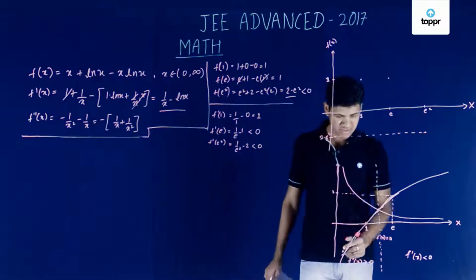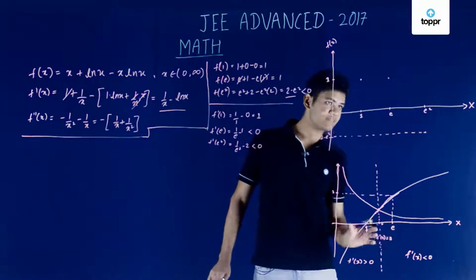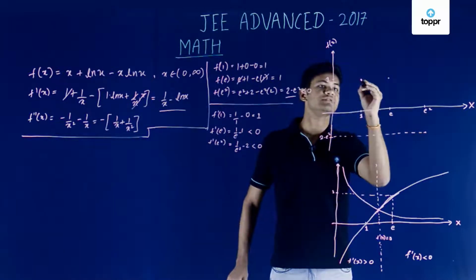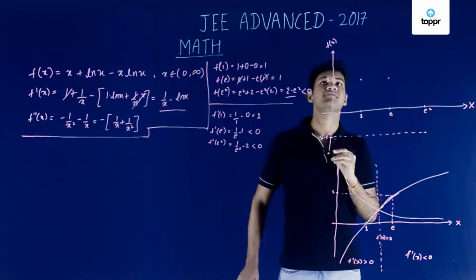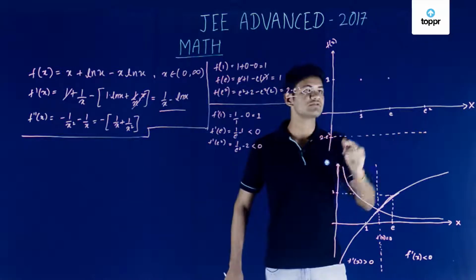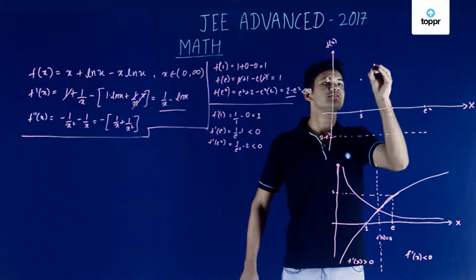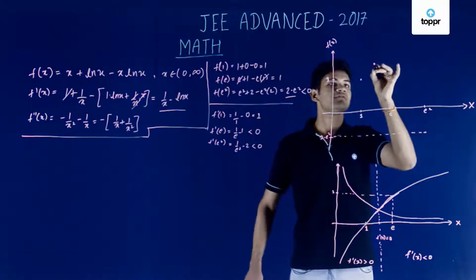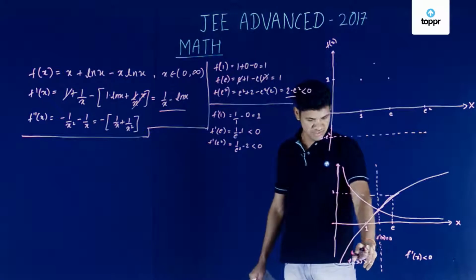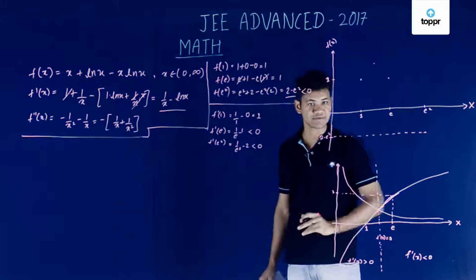So going by this graph, we can say that f'(x) is 0 somewhere around 1 to e, and at f'(x) equal to 0 we have slope equal to 0. So somewhere around here the function will pass through, and f'(x) is greater than 0. This means for this portion of the graph, the function is increasing.